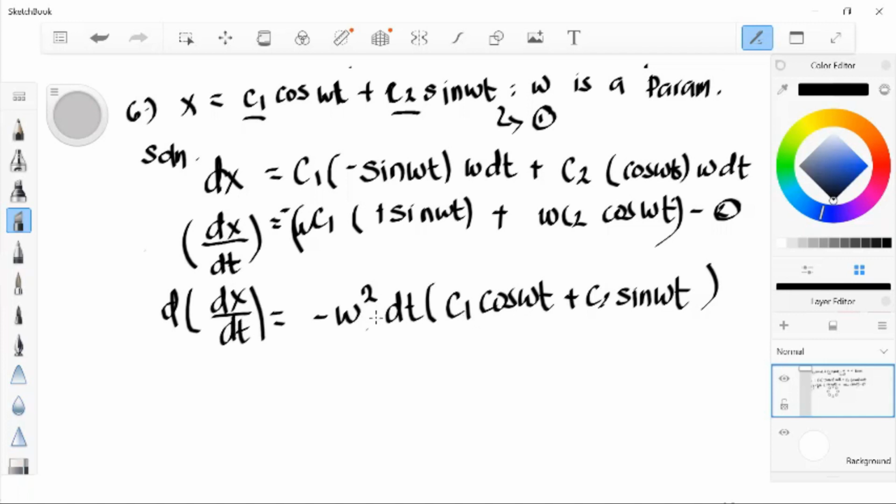We just factor out w squared dt. So mark this as equation 3.